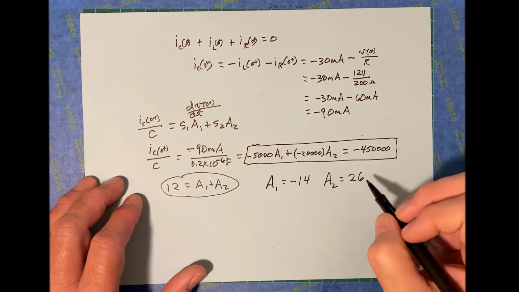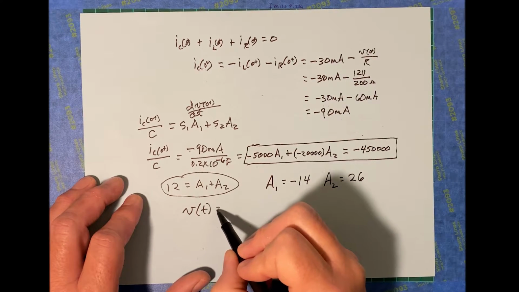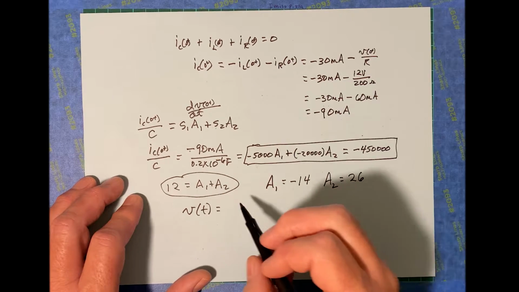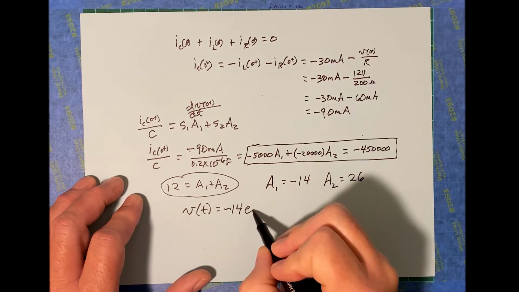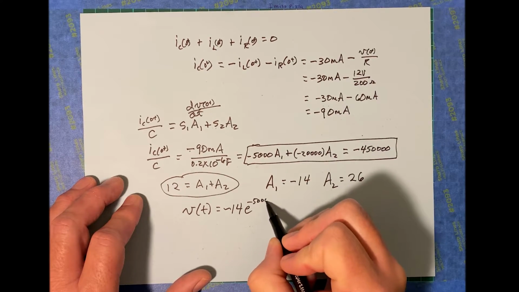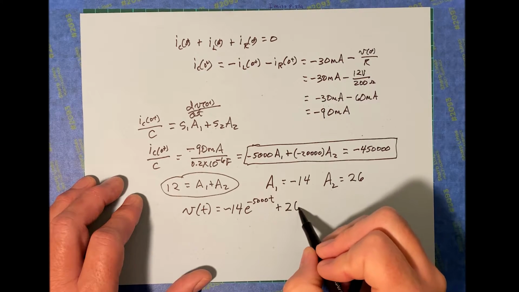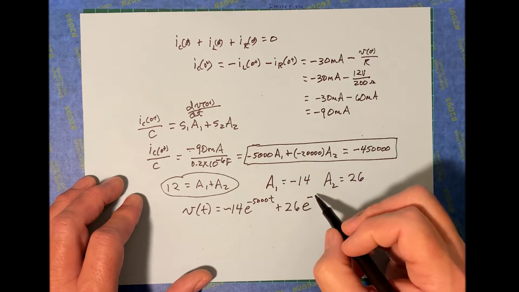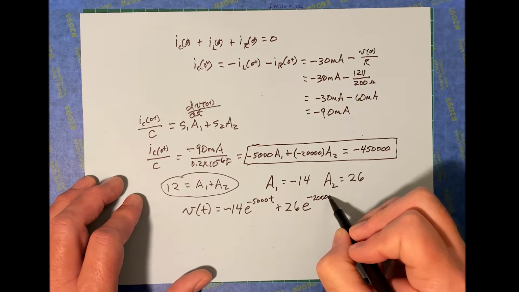Okay, so our voltage as a function of time is going to look like A1 e to the S1 t, so that's going to be minus 14 e to the negative 5,000t plus 26 e to the negative 20,000t.